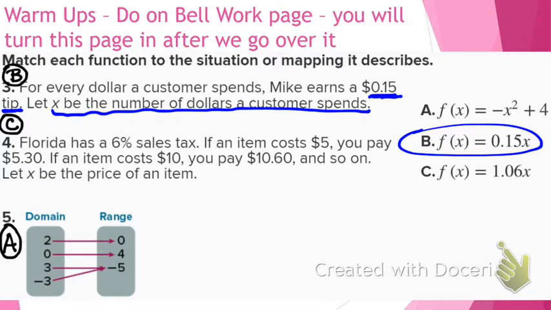What would we find by taking 0.15 and multiplying it by the dollars spent by the customer? What would that tell us? What would our output be? If I take 0.15 and I multiply it by the dollars that a customer is spending, what would I be able to calculate?